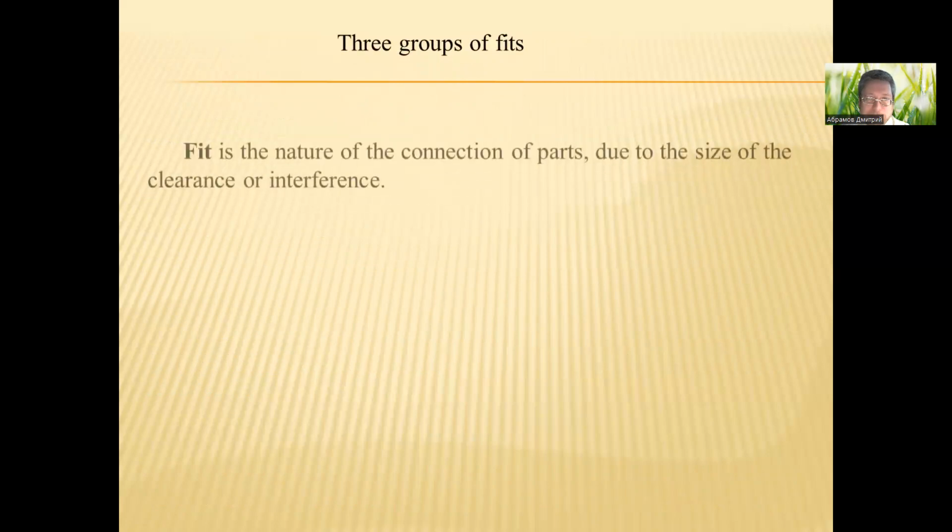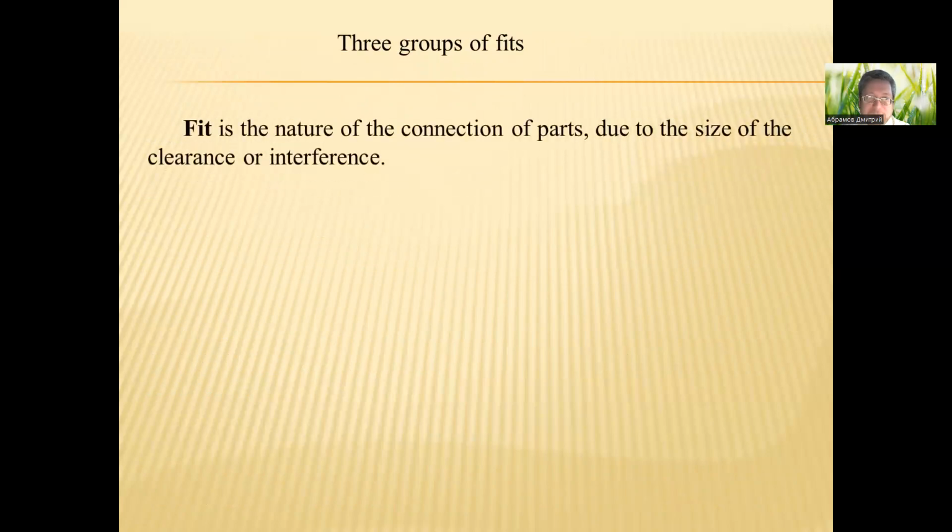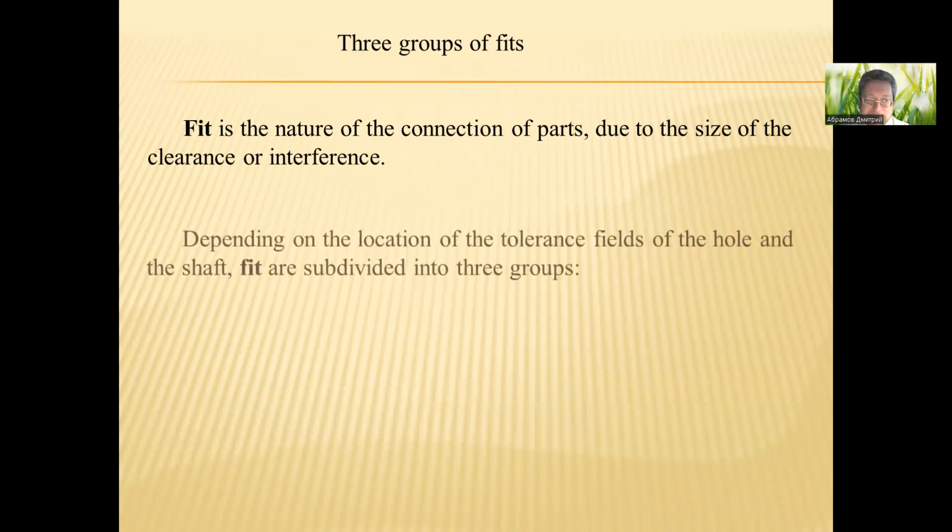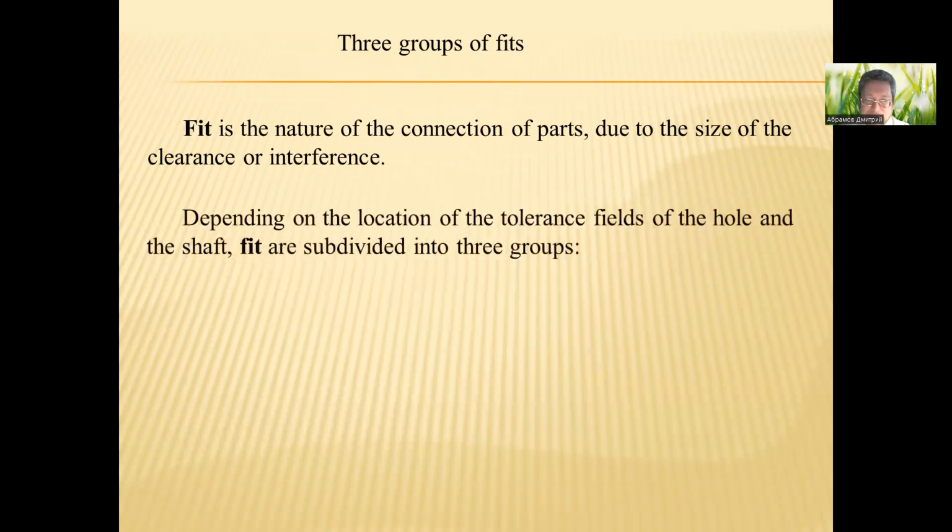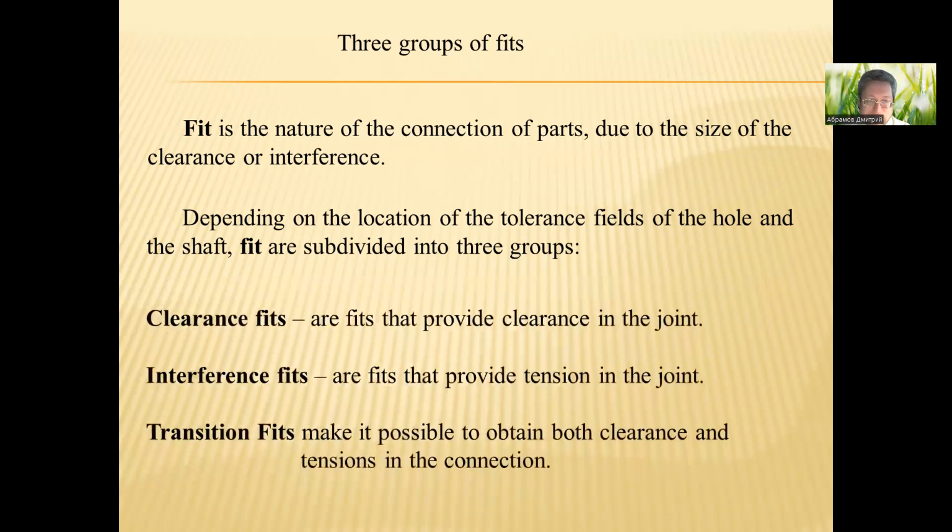Three groups of fits. Fit is the nature of the connection of parts due to the size of the clearance or interference. Depending on the location of the tolerance fields of the hole and the shaft, fits are subdivided into three groups. First group, clearance fits. Second group, interference fits.